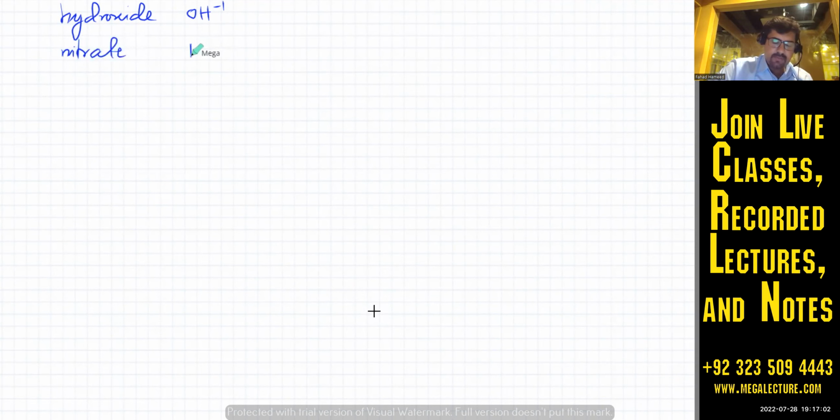Nitrate is NO3 and it's got a charge of -1. You can memorize all of this. After that, you've got sulfate, which is SO4 and it's got a charge of -2.